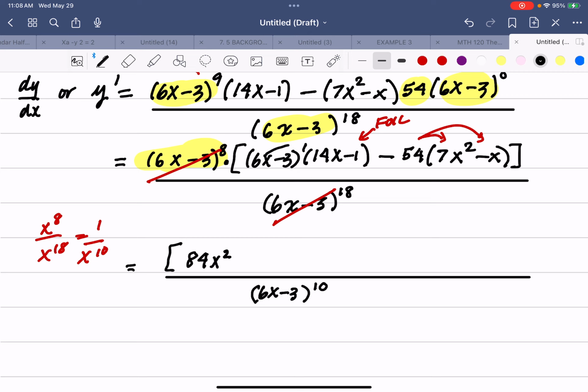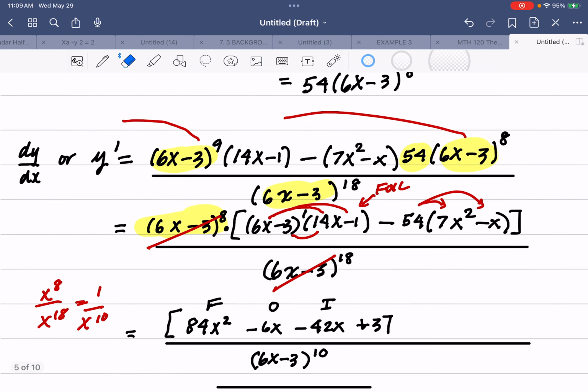I'm doing the first, then the outer is going to be a minus 6x. Then the inner, 3 times 14, it's negative, so minus 42x. This is the F, this is the O, this is the I, and then the L is a plus 3.